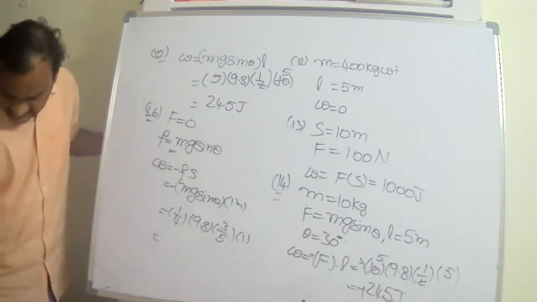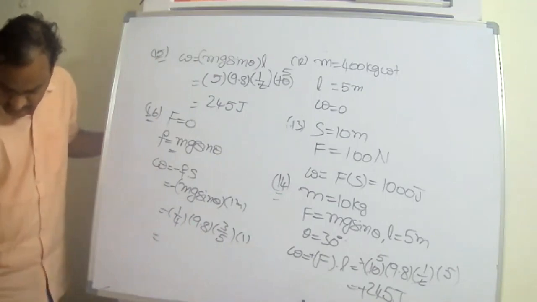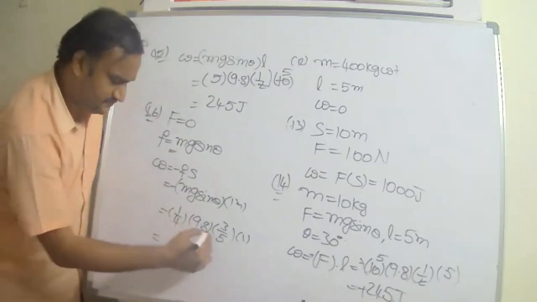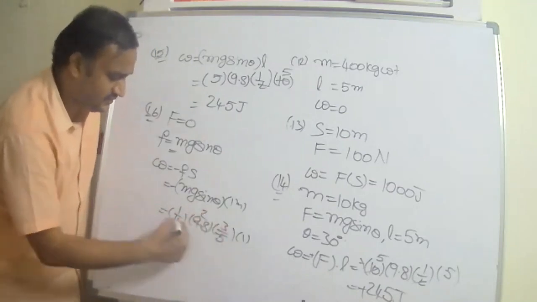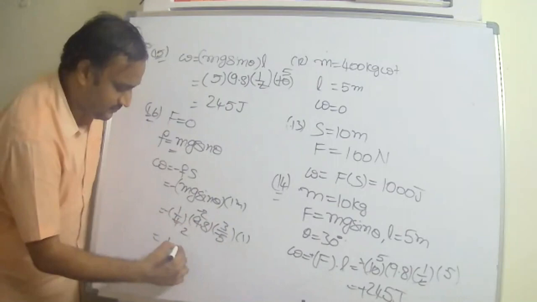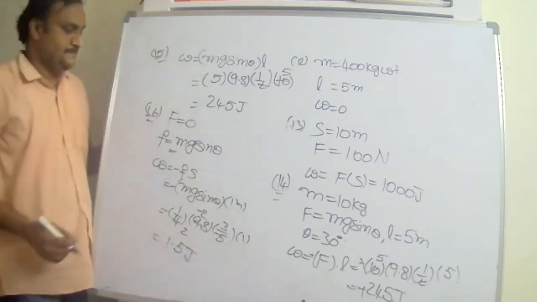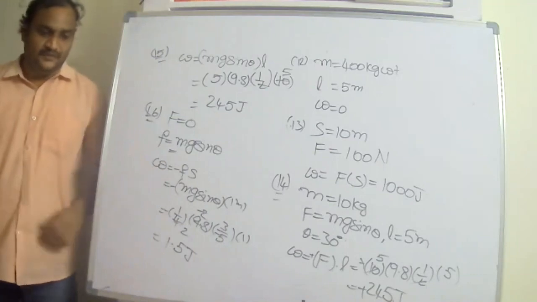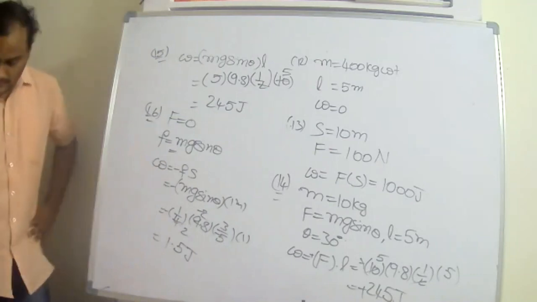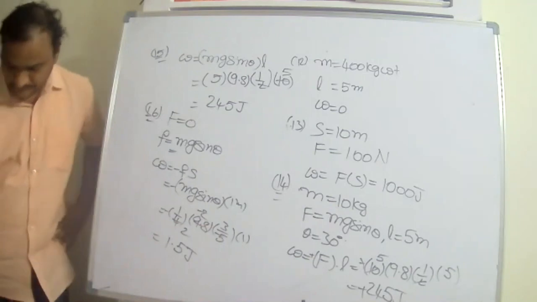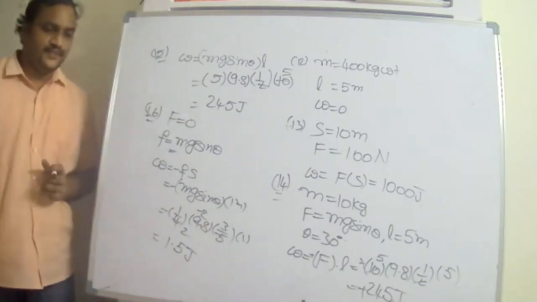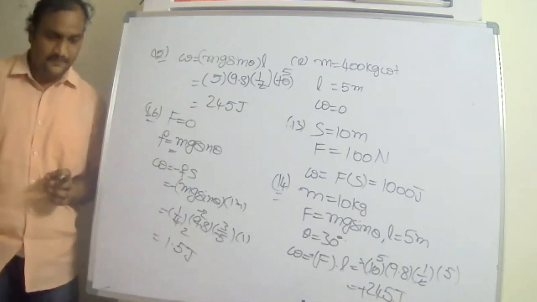So mg sin theta into s gives 3/2. So the work done is 1.5 joules. Okay? Any doubts? So this is work done by a constant force. Next, work done by a variable force.